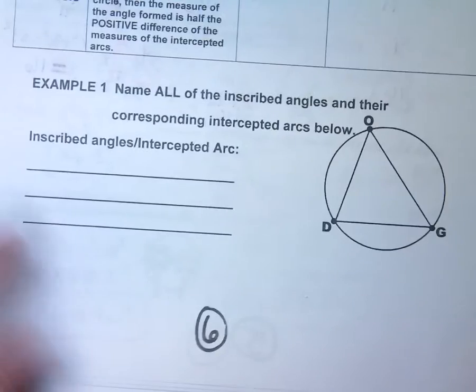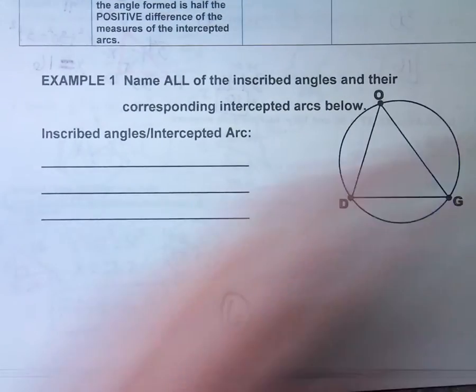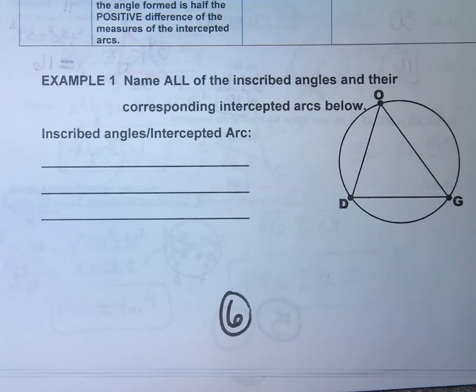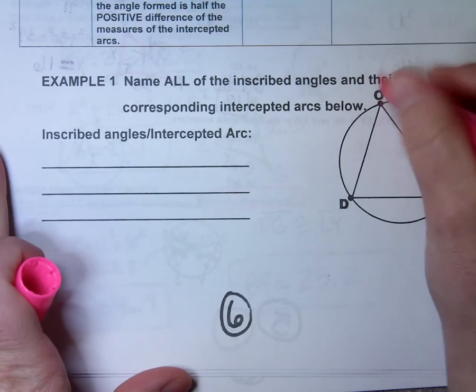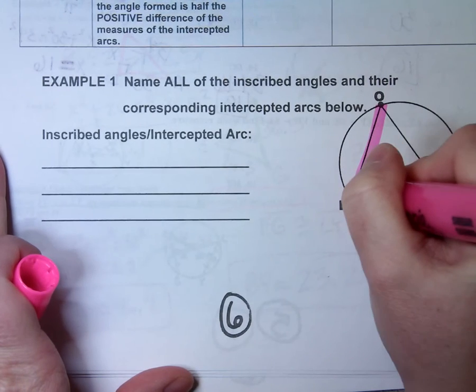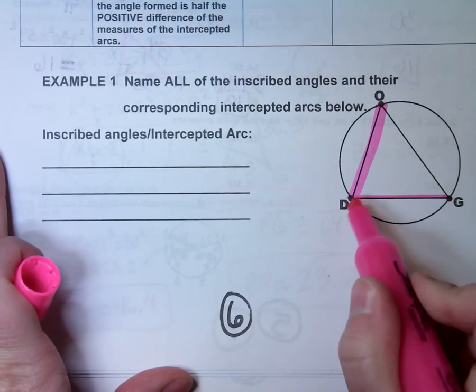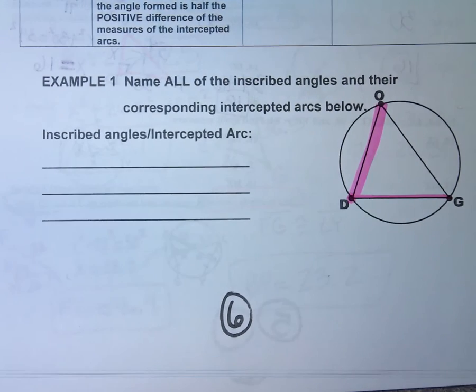It wants us to name all of the inscribed angles. Do you remember what an inscribed angle is? Its vertex is on the circle. Okay, I'm going to draw you one. This right here is an inscribed angle because its vertex is on the circle. How can I name that angle?